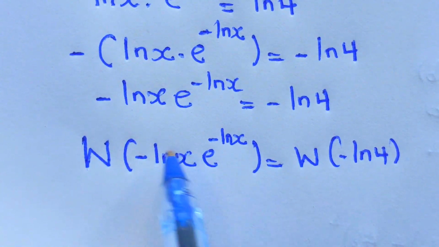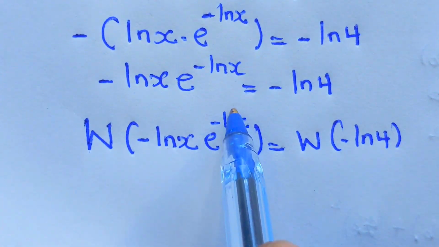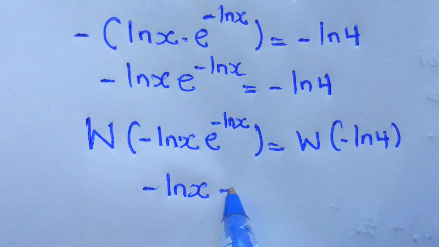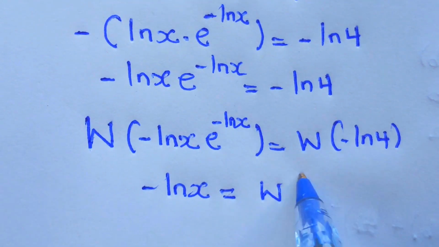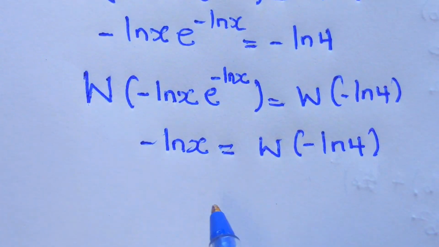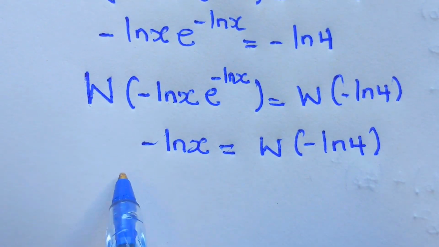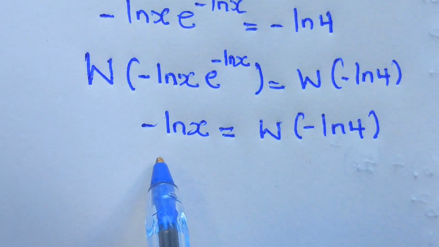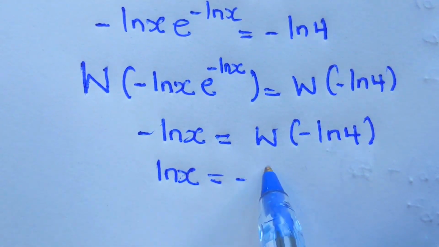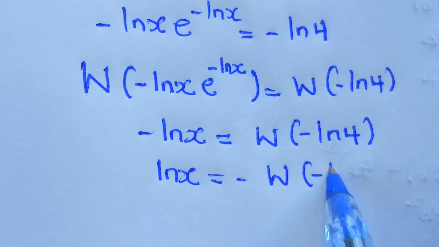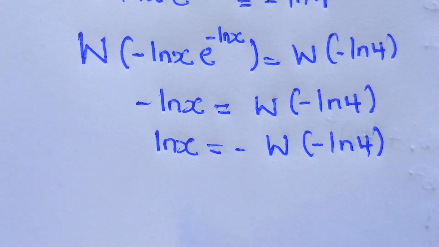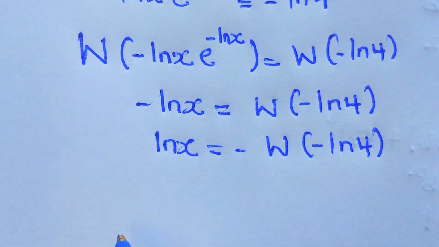When we have the Omega function of this, it means the answer is this: negative ln x equals the Omega function of negative ln 4. So by dividing by negative on both sides, we get ln x equal to negative Omega function of negative ln 4.